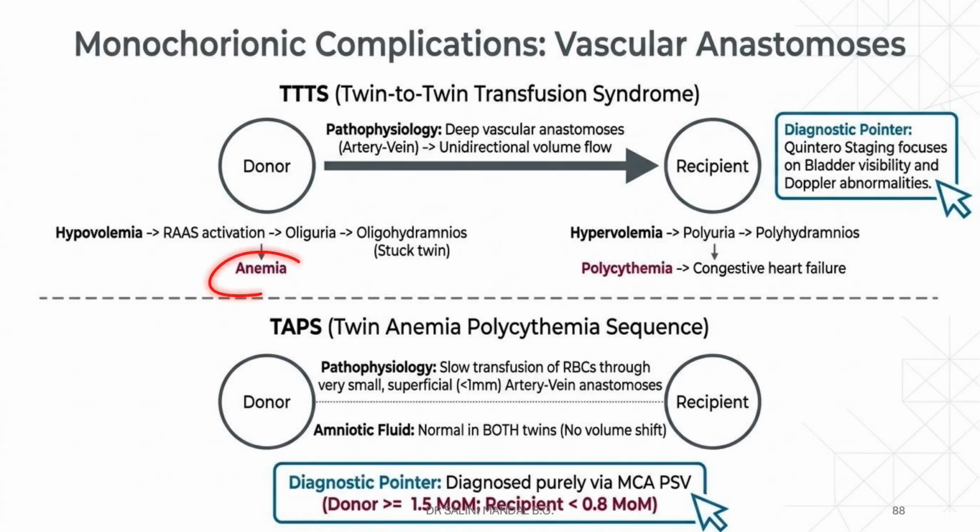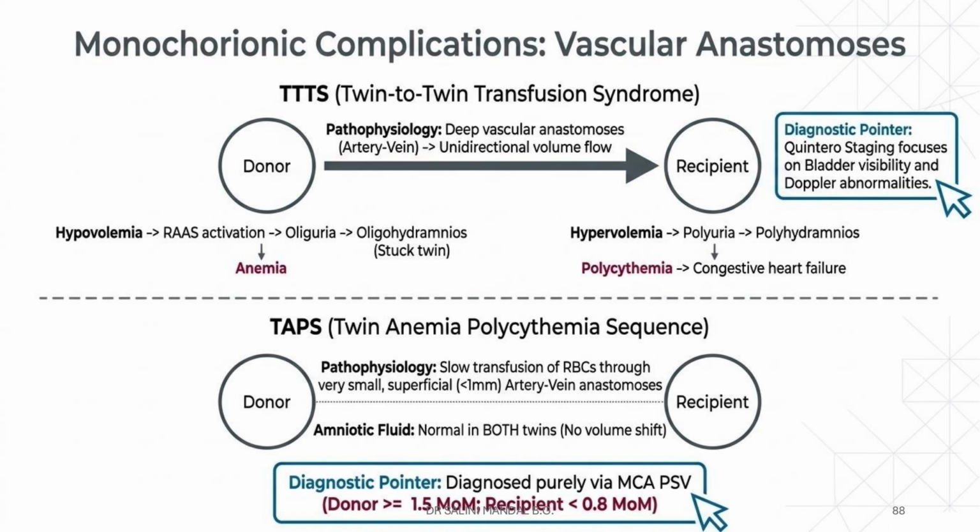Donor is going to have hypovolemia, RAS activation, oliguria, oligohydramnios, and finally anemia. But the recipient is going to have hypervolemia, polyuria, polyhydramnios, polycythemia, and ultimately congestive heart failure. The donor is going to go into anemia, and all the blood, when it reaches the recipient, they're going to get a polycythemia.